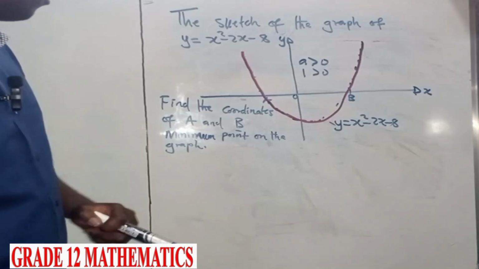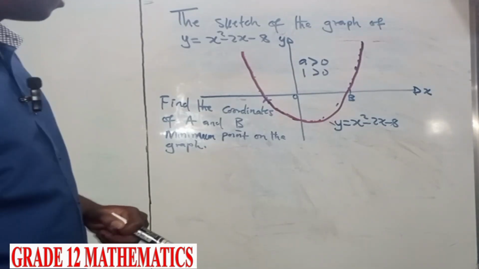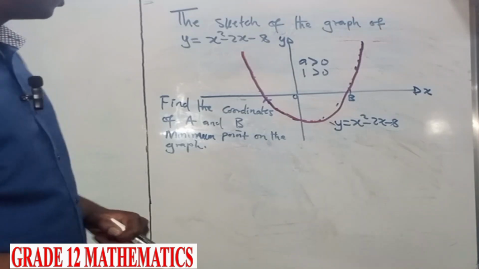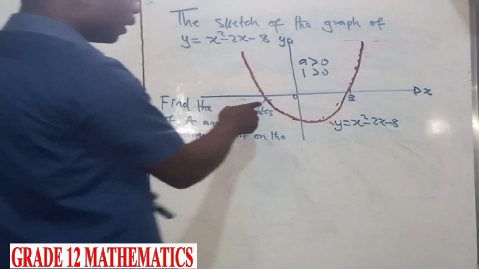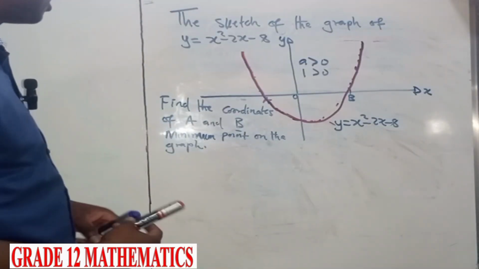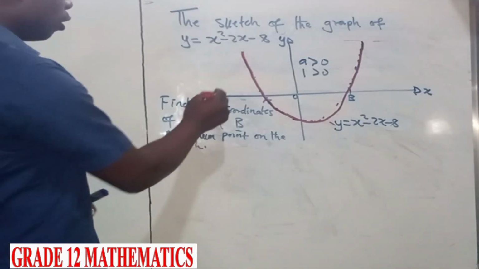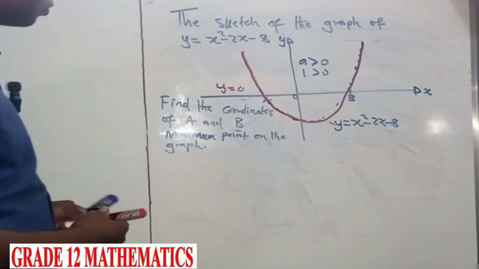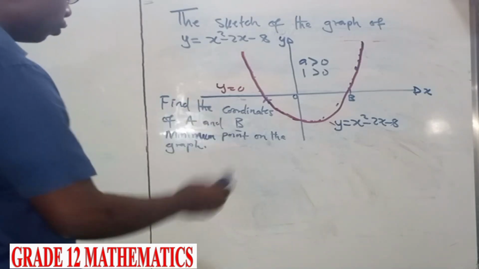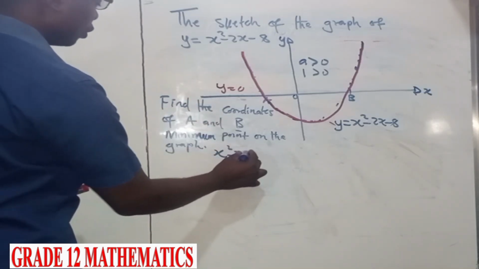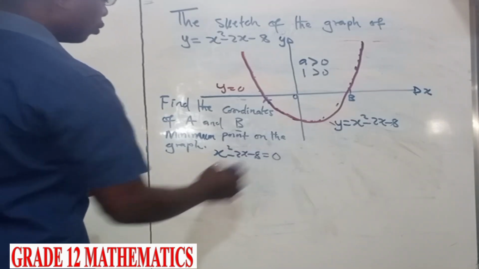Now, when you look at this graph, they are telling us to find the coordinates of the points a and b. How do we find these? Here we'll say y is 0, because the x-axis is where y equals 0. So x squared minus 2x minus 8 is equal to 0.